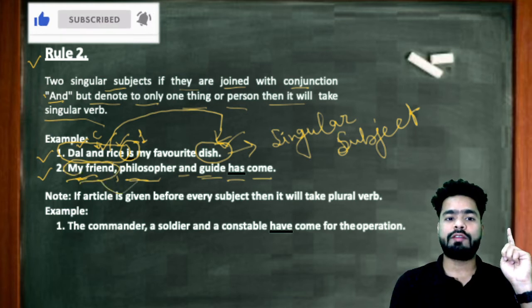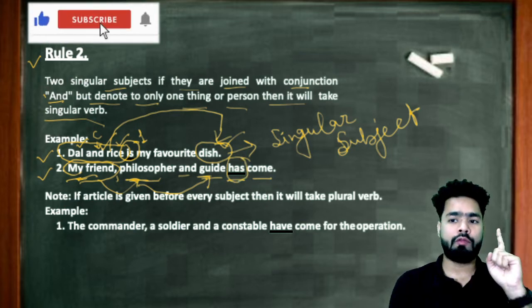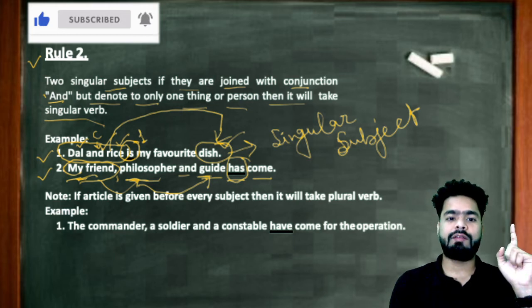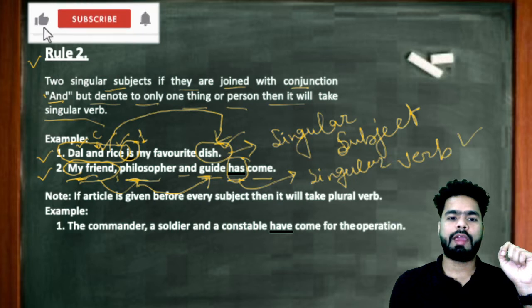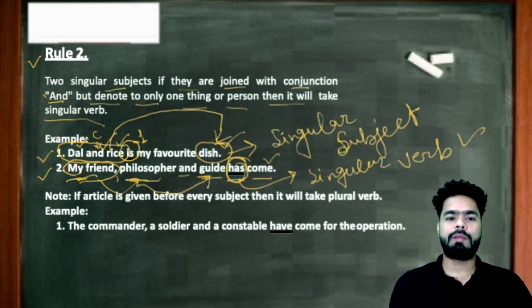My friend is a philosopher and he is the guide also. In this case we will use a singular subject because I am talking about only my friend, and because it is a singular subject, we will use a singular verb, and that is has. Clear? This is rule number 2.